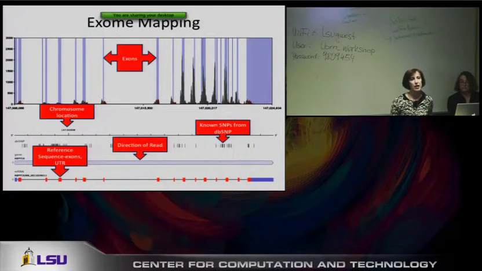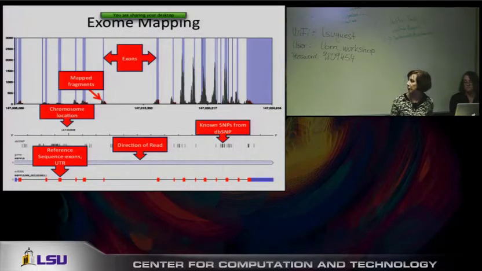We see the location of the exons, and the color here correlates to which strand those exons are reading on. And we see our mapped fragments, so we can see, since this was isolating the exons, that they are mapping to the areas of the exons. The color here also correlates to which strand these fragments are mapping to.